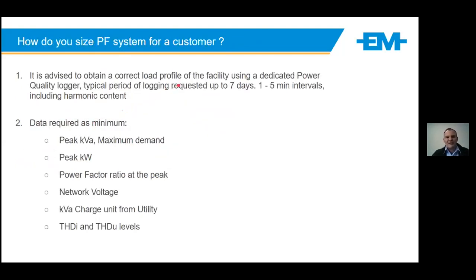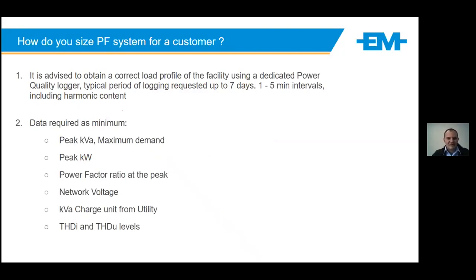How do you size the power factor system for a customer? As discussed, we would need the correct load profile of the customer using a power quality logger. Typically, we would request 7 days at 1 to 5 minute intervals, including the harmonic content, which we will get to later.